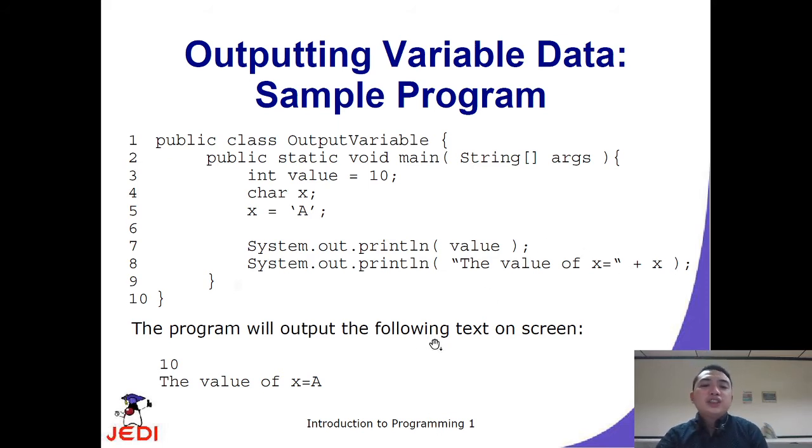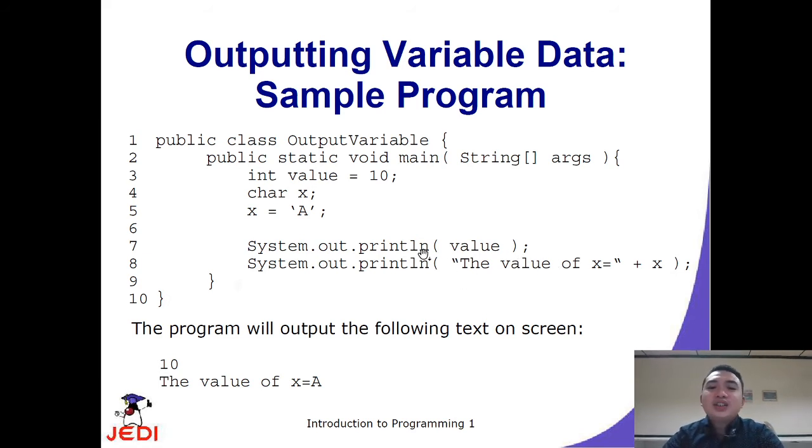So the output of this program is 10, and then the value of x is equal to a. It shows that after printing the value of the variable value, it will print a new line.